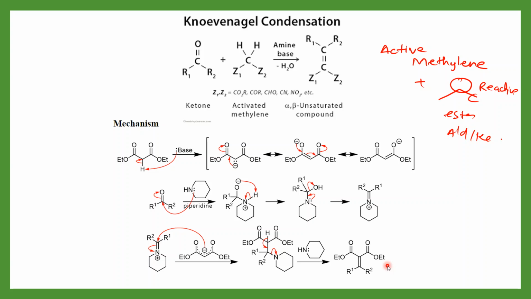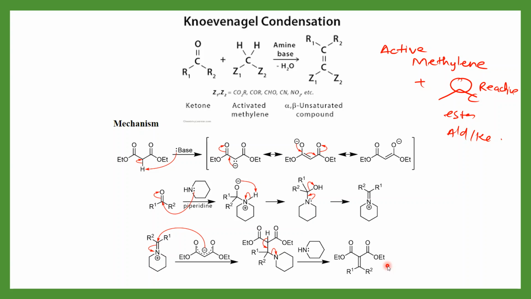Can I repeat? So first step is formation of enolate from your active methylene. And in the second step, your aldehyde or ketone, whatever is given, will be activated. How? In presence of nitrogen base.